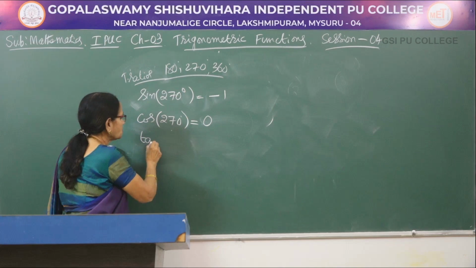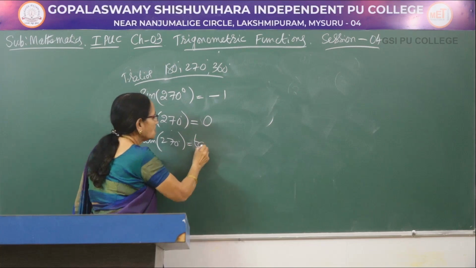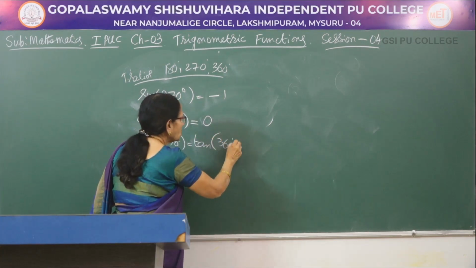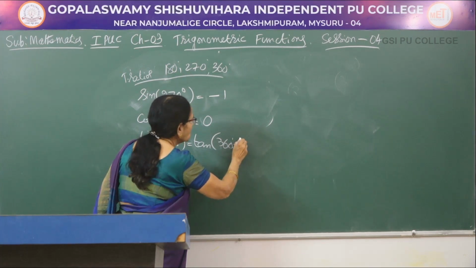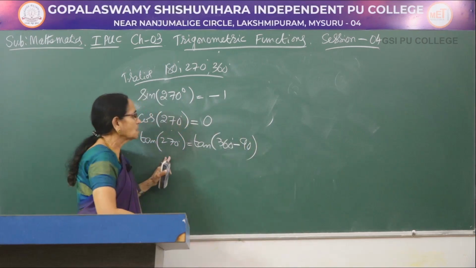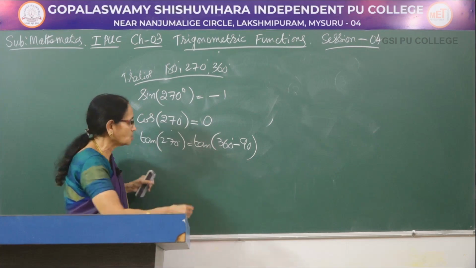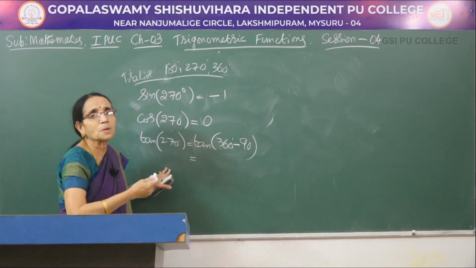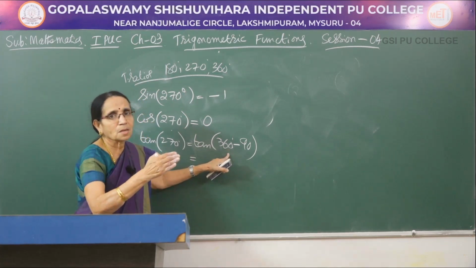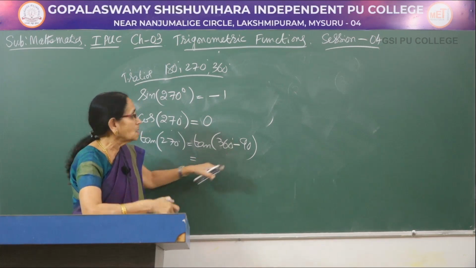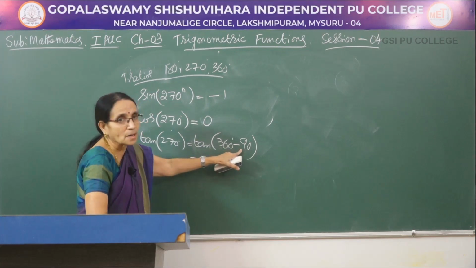Now, take tan 270. Let me write it another way, 360 minus 90. You can write 270 minus something also, or 360 minus 90, or 180 plus 90; all of them are correct. Now 360 means it is the last number, fourth quadrant, minus something. Fourth means it would be negative. Using this result, you can write it as tan 90.